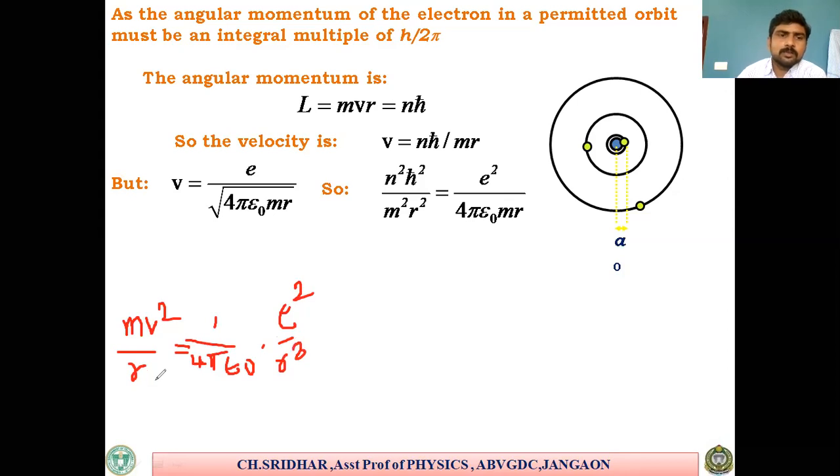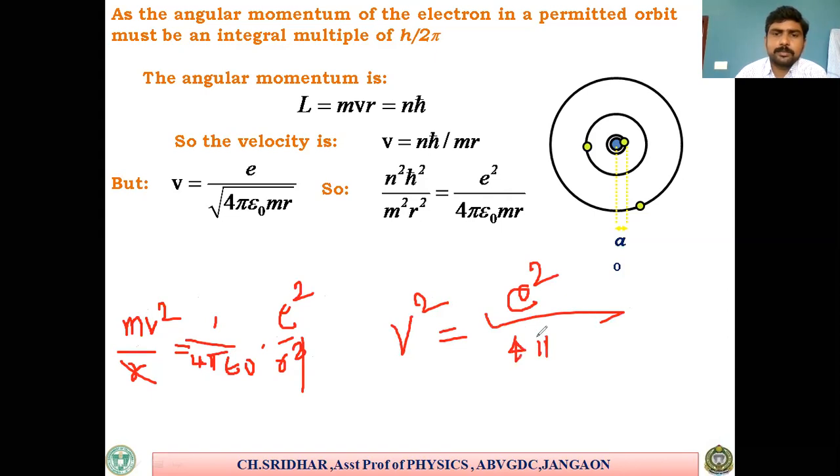In this, one r is cancelled, so we have v square is equal to, this m comes this side, e square divided by 4 pi epsilon naught into r, into that m comes this side. So this is the equation.